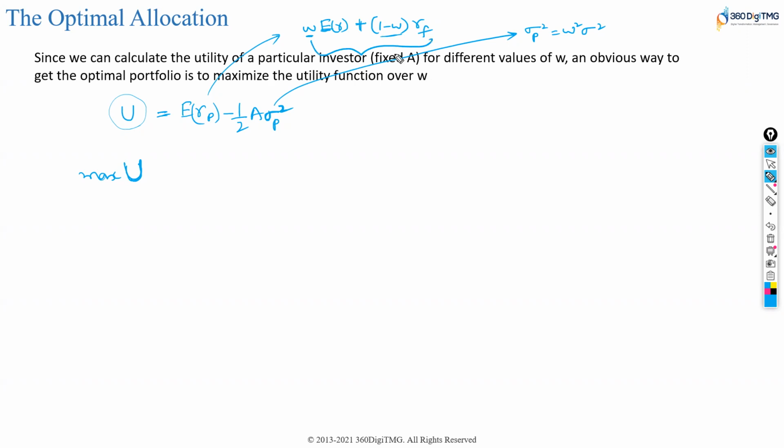And this part we rewrote last time as W expected return plus 1 minus W into RF, which is RF minus W into RF. This can be rewritten as RF plus W into expected return minus the risk-free rate.